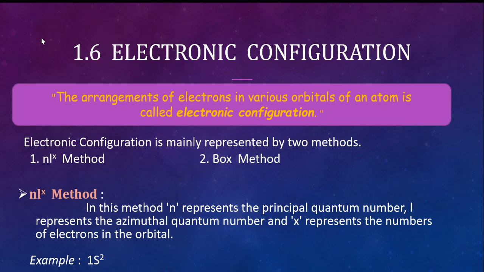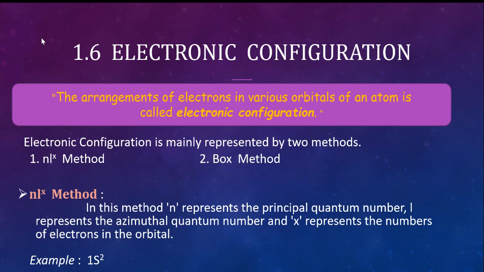Before we start the electronic configuration, let us have a brief idea about the quantum numbers. So quantum numbers are four. Those are principal quantum number, azimuthal quantum number, magnetic quantum number, and spin quantum number.